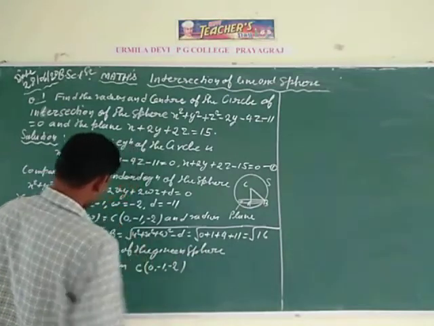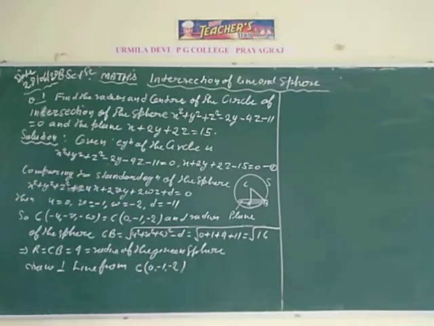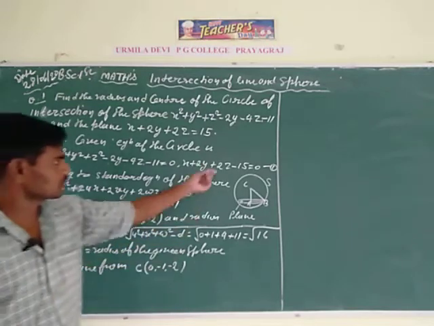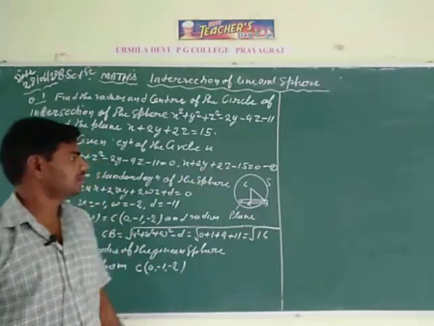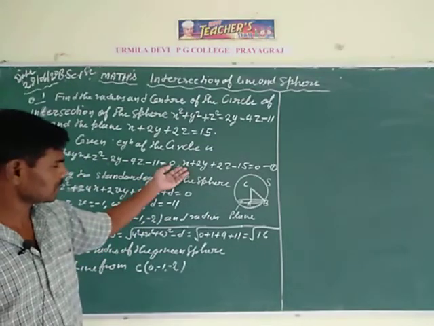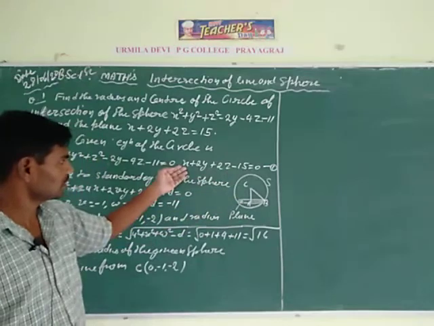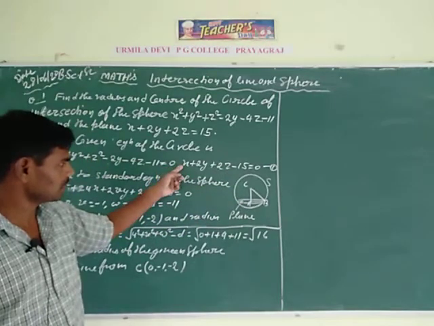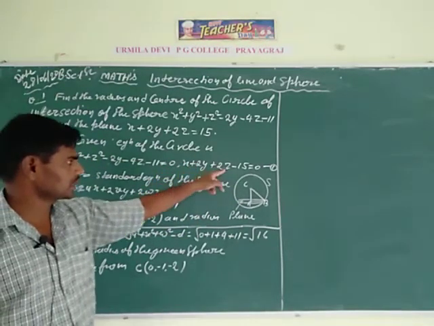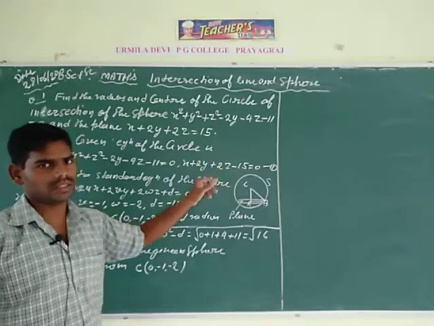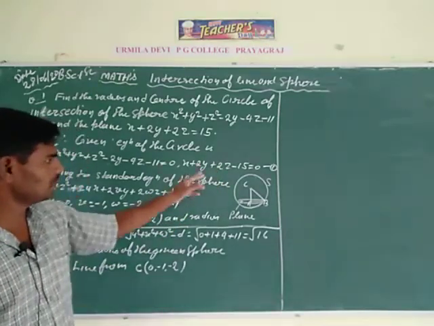Then by the rules of straight lines, and from the figure, it's clear that the perpendicular line CA is a normal line of the given intersecting plane, x plus 2y plus 2z minus 15. You know that the direction ratios of this line are the x coefficient 1, the y coefficient 2 and the z coefficient 2. Means the direction ratios are 1, 2, 2.